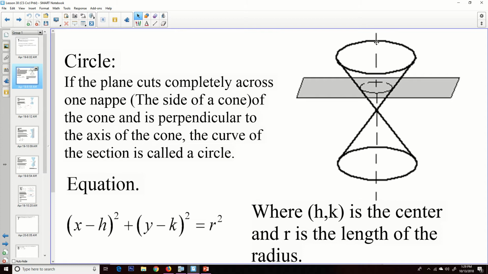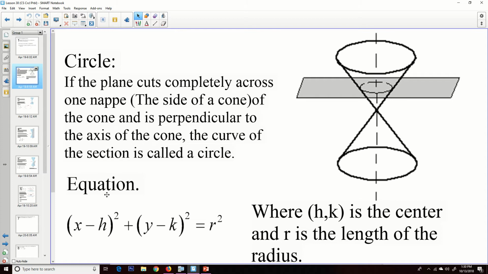And so if you think of the height of the cone, the line that goes right through the middle of the cone and hits the peak or the apex of that cone, if we run a plane perpendicular to that line, we are going to always get a circle no matter where we put it. And if you remind me in class, I have an actual 3D representation of a cone model, and I can pull it apart and show you these pieces.